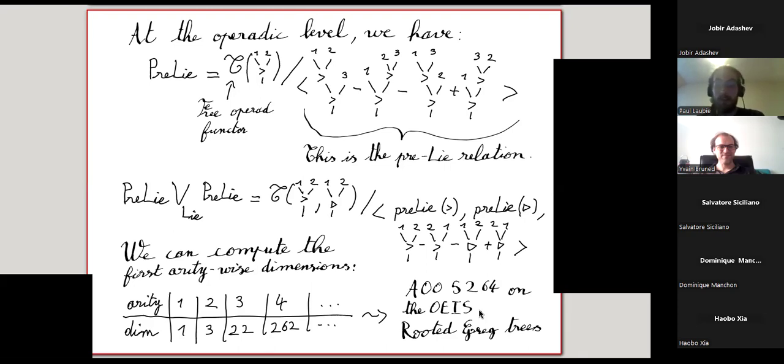And in this case, we are lucky because we find something. It is the sequence of rooted Greg trees. And this is really nice because pre-Lie is related to rooted trees. So I can hope that it is not a coincidence and that there is something to find here, which is the case.